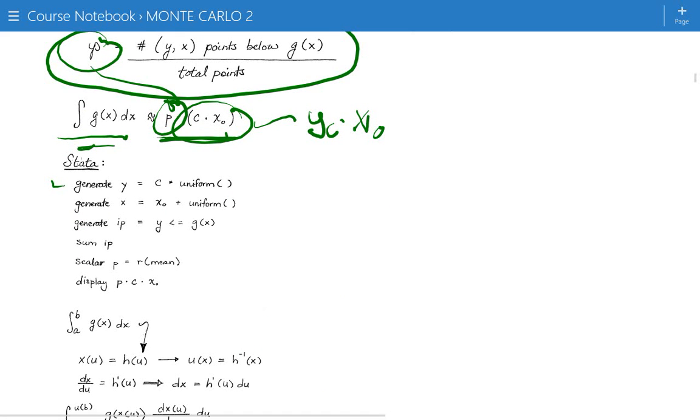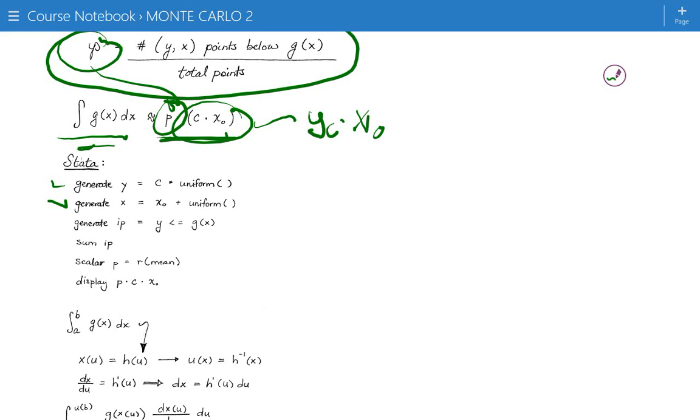If I take the constant yc, here I'm calling it c, and I had set the observations for Stata to 1,000, I would generate 1,000 points between 0 and c. Here I would be generating 1,000 points between 0 and x naught.